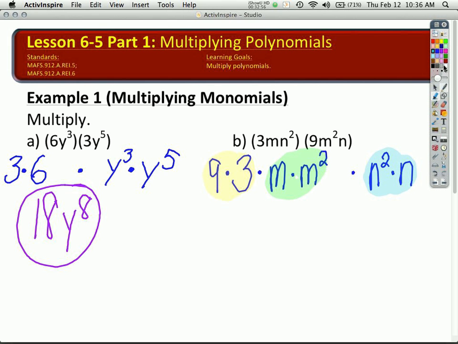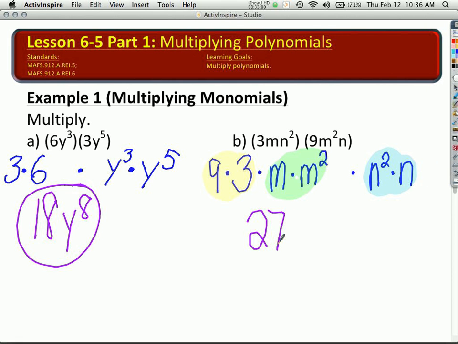So let's do it. We've got 9 times 3, of course, that's 27. What about m times m to the second? What do we get when we multiply those two? Emily? M to the third. What about n squared times n? Milan? N to the third. And the best practice, the standard convention for writing an answer: you don't write multiplication dots.